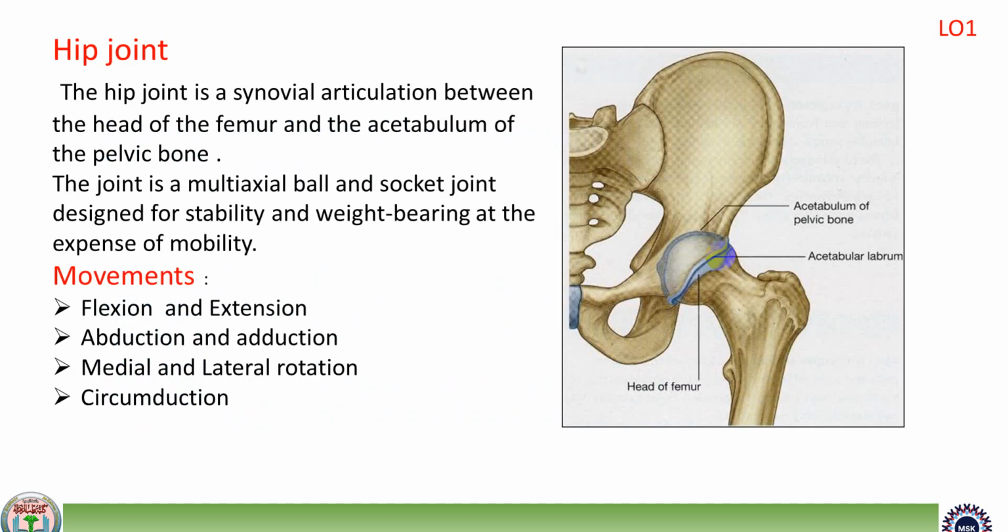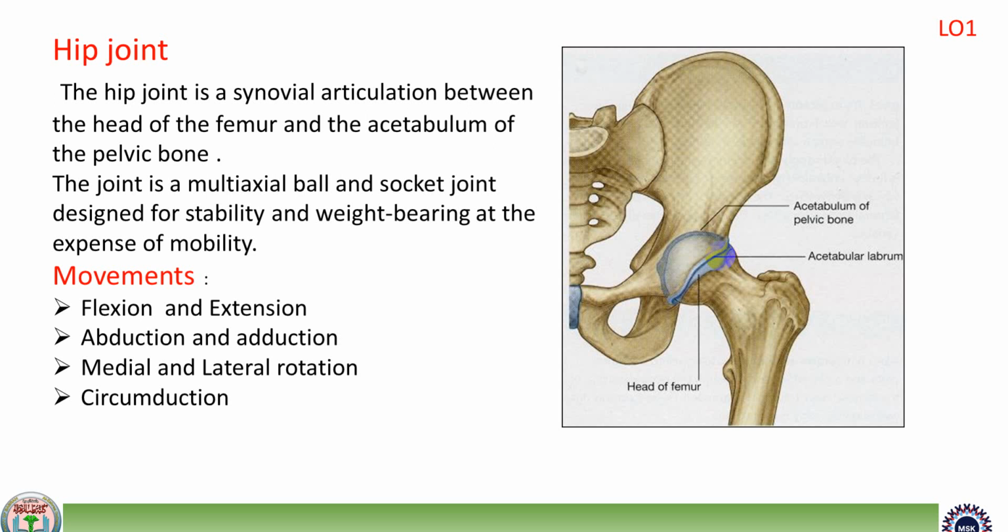As I said, the hip joint is a synovial ball and socket joint. It is a stable joint, and the stability is important because this joint is designed for weight bearing, and actually this stability is at the expense of some mobility.